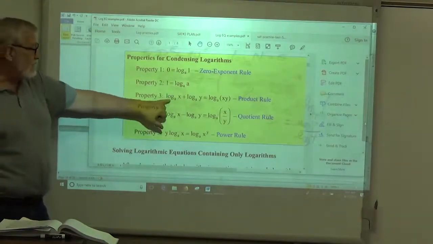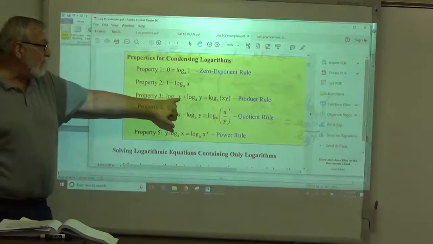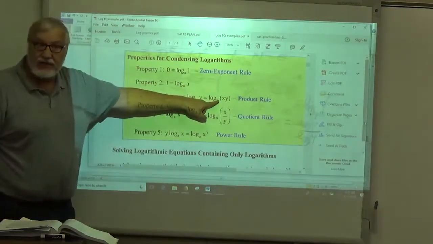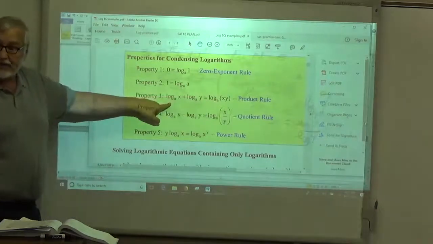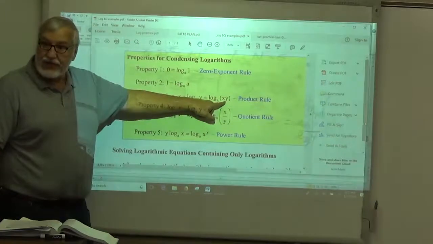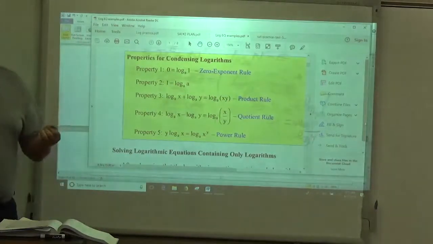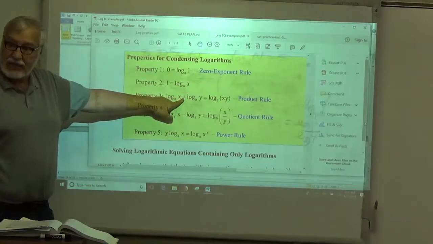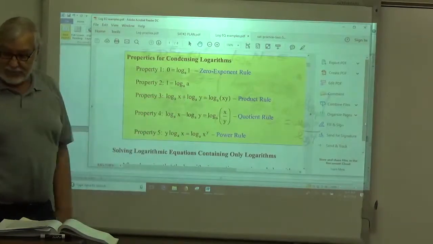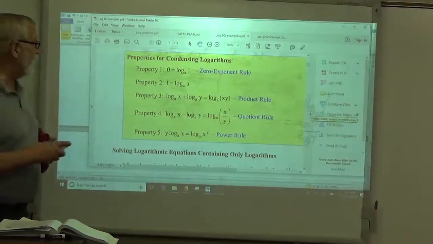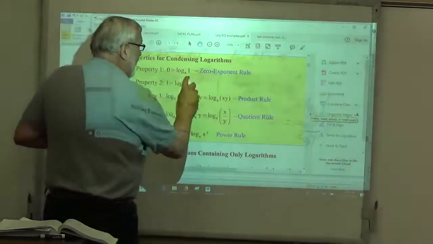All right, so log base a of x times y. Now, the textbook starts with this, and then has this. Okay, so if you have a product, you can split the product into two logs that are added together. Now that should not be news, but hopefully it's something that makes sense and you remember, oh yeah, I remember that.